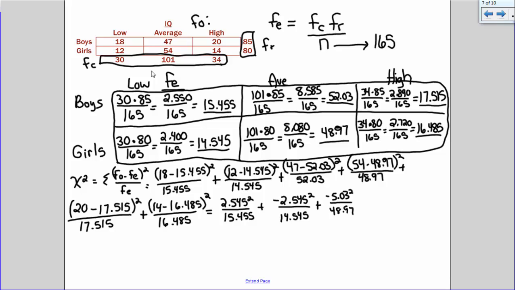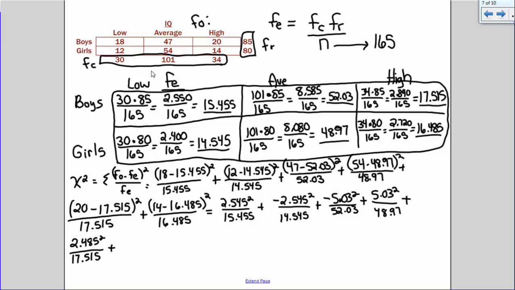Oops, I think I got ahead of myself there. Okay, so now we're on the third group. So negative 5.03 squared divided by 52.03, plus 5.03 squared divided by 48.97, plus 2.485 squared divided by 17.515.